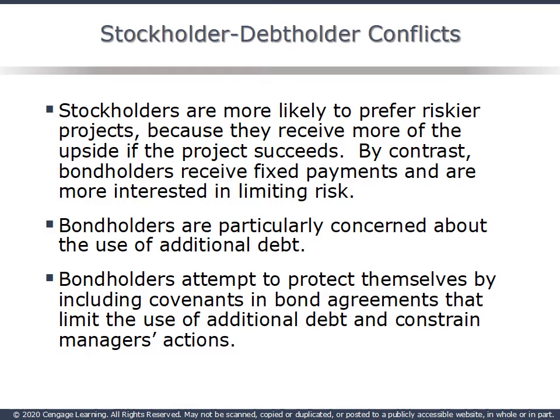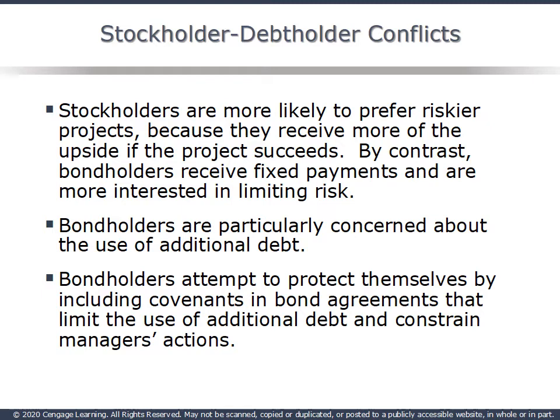So stockholders are more likely to prefer riskier projects because if that project pays off, the stockholders are going to reap the benefits of that risky project. On the other hand, bondholders or debt holders receive fixed payments.